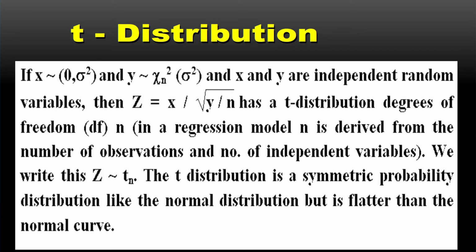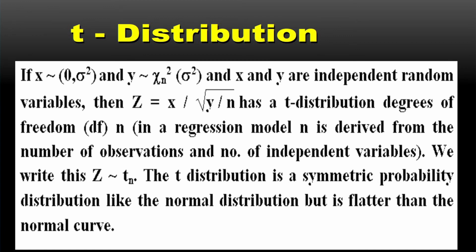In the regression model, n is derived from the number of observations and the number of independent variables used. We write this as z follows t with subscript n.